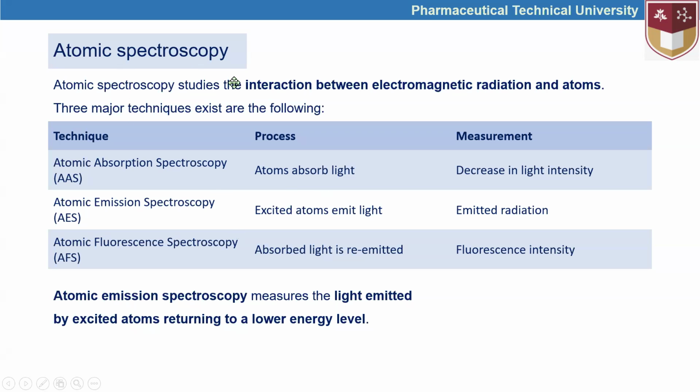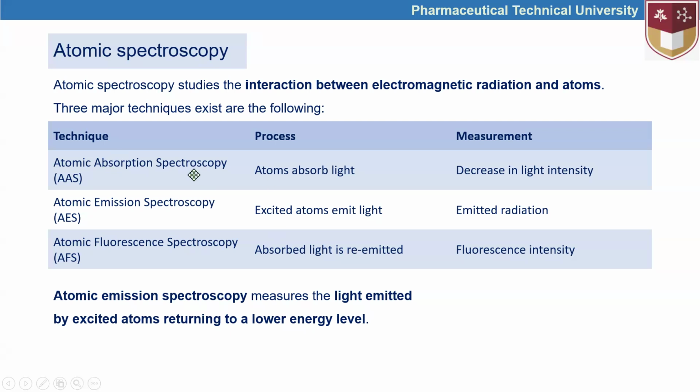Okay, atomic spectroscopy studies are about the interaction between electromagnetic radiation and atoms. There are three major techniques of atomic spectroscopy. As I mentioned, these are atomic absorption spectroscopy, atomic emission spectroscopy, and atomic fluorescence spectroscopy.